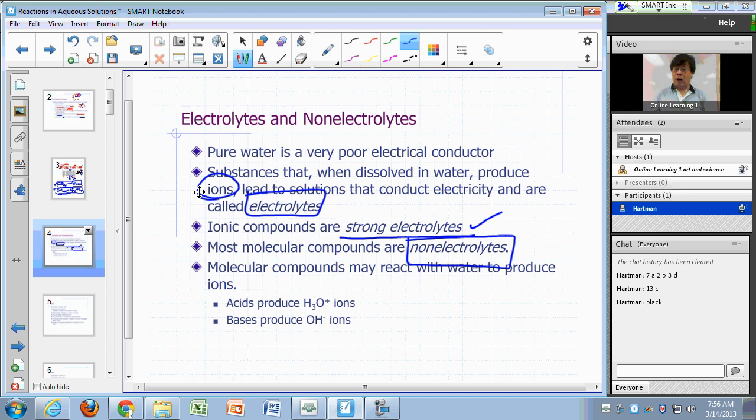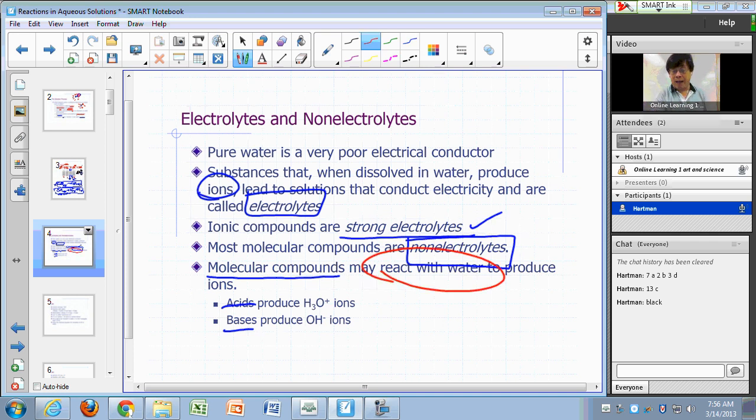Okay. Now, it is possible for molecular compounds to produce solutions that conduct electricity. So there are some molecular compounds that we would consider to be electrolytes, and these are the acids and the bases. And the reason they are electrolytes is because they actually react with the water to produce ions.